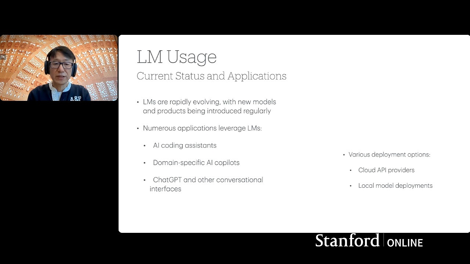So these are rapidly developing, and these models are used in various application domains that we use in day-to-day work, such as AI coding assistants or domain-specific AI copilots, or the most widely known ChatGPT and related conversational interfaces.